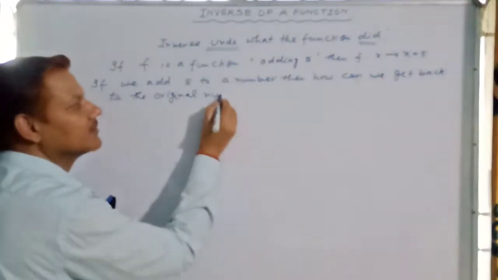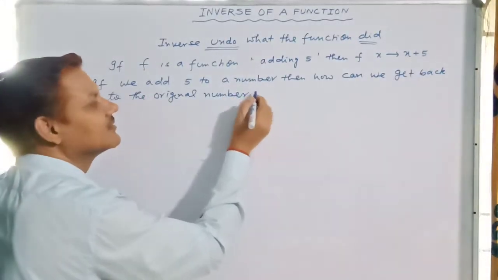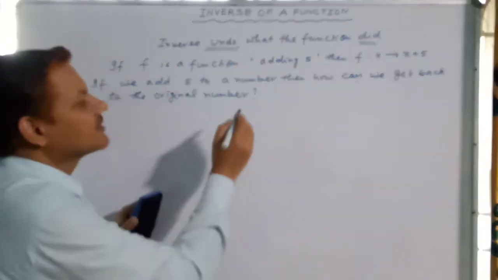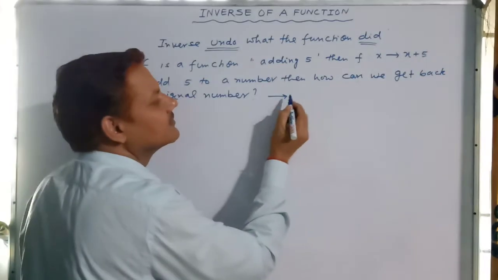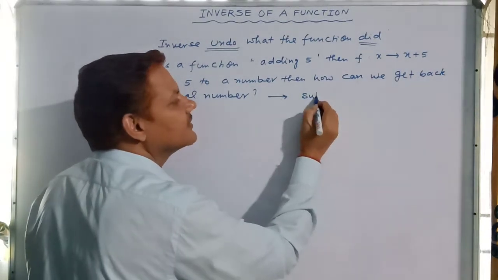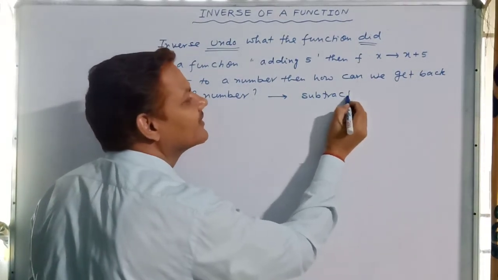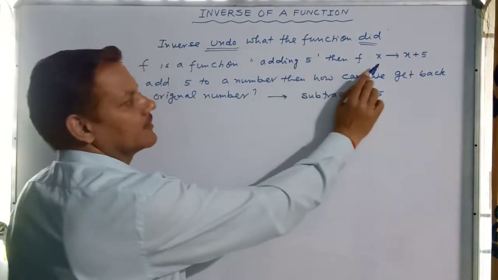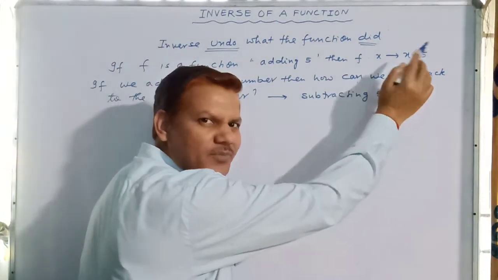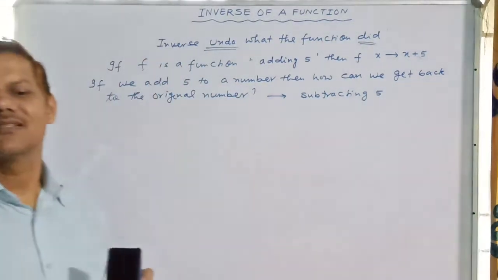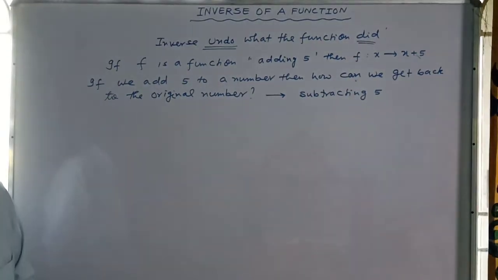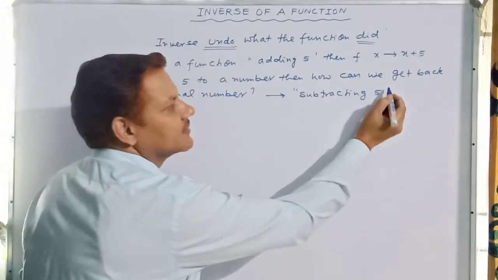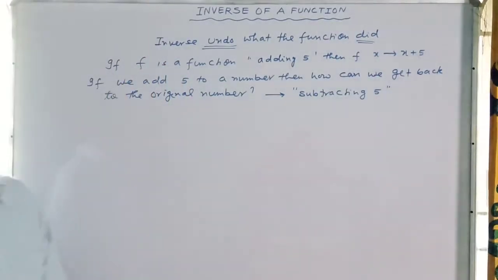It is my question. You have to answer. What is the answer from your side? You all say, it is very easy, that is subtracting 5. Here the number is increased by 5, and when we subtract, then we get the original number. So the answer is subtracting 5.